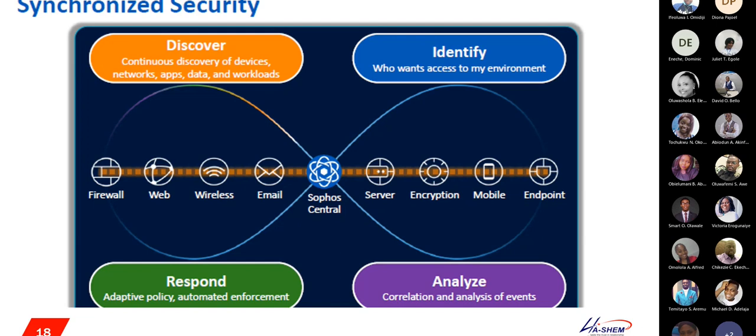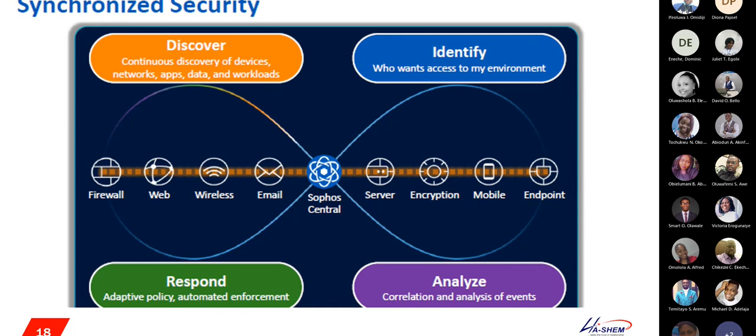There's a secure synchronized communication between your products when you use the Sophos Mobile portfolio. This communication is powered by a secure heartbeat. The secure heartbeat creates a secure two-way channel that is guided by Sophos Central. So you have this heartbeat that gives you synchronization between all your products.